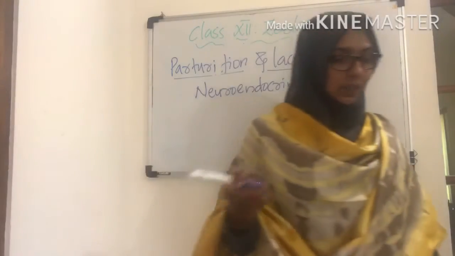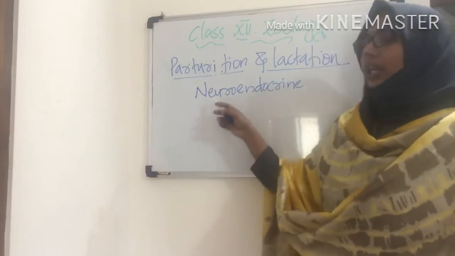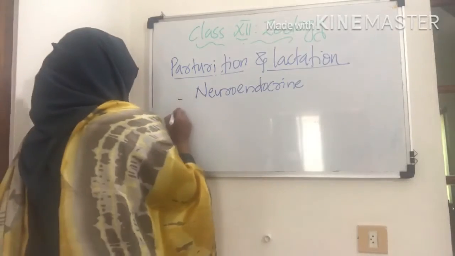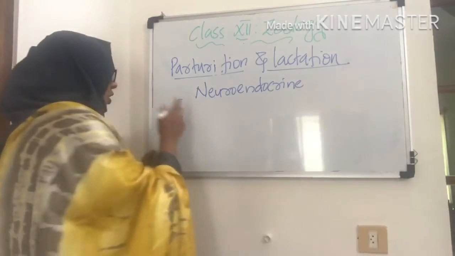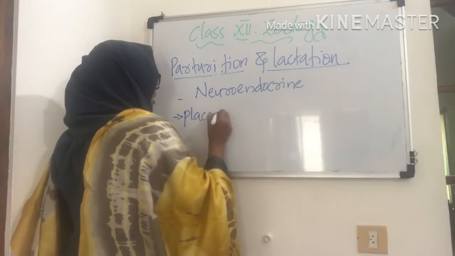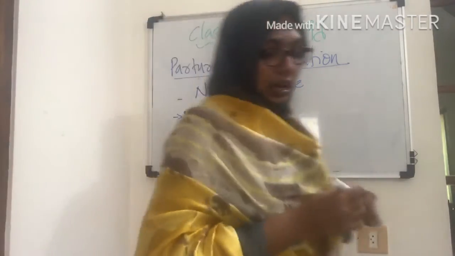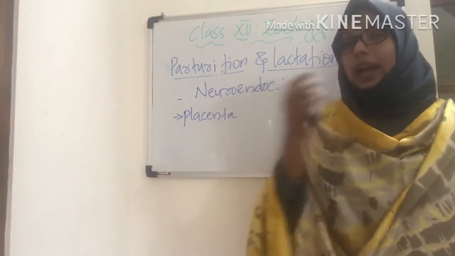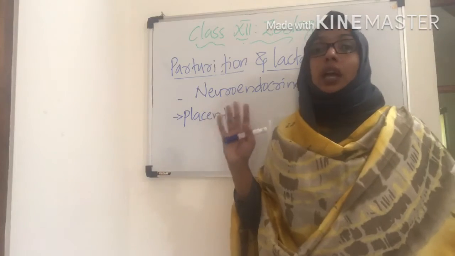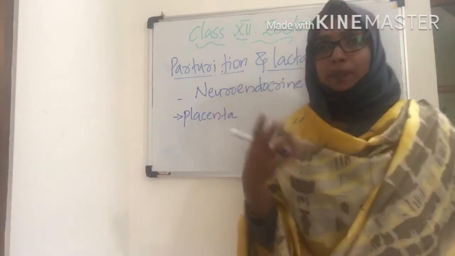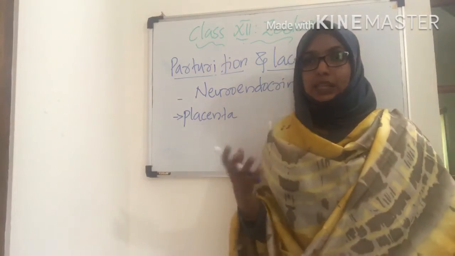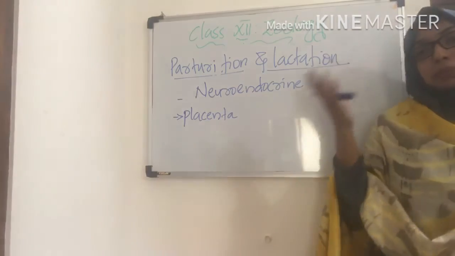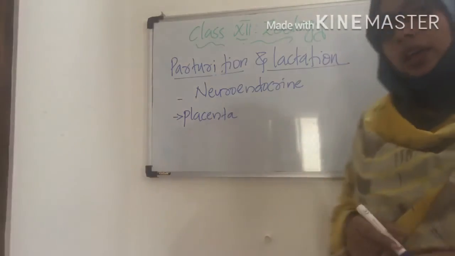That signal causes the placenta to release certain signals to have some mild contraction over the uterine wall. So first of all, the baby will produce some sort of signals which induce the placenta. Also the placenta causes some mild contractions over the uterine muscles.